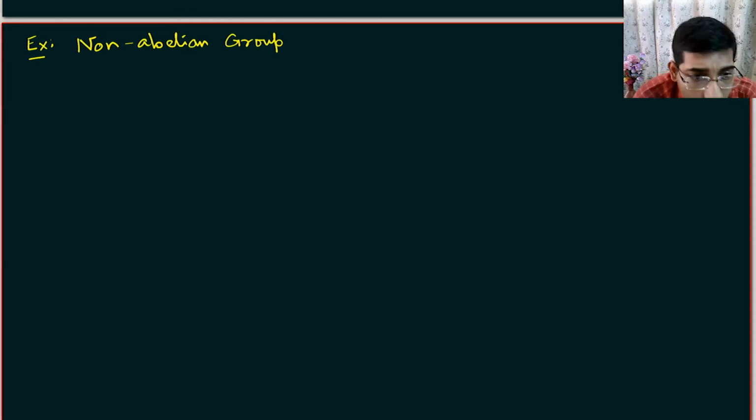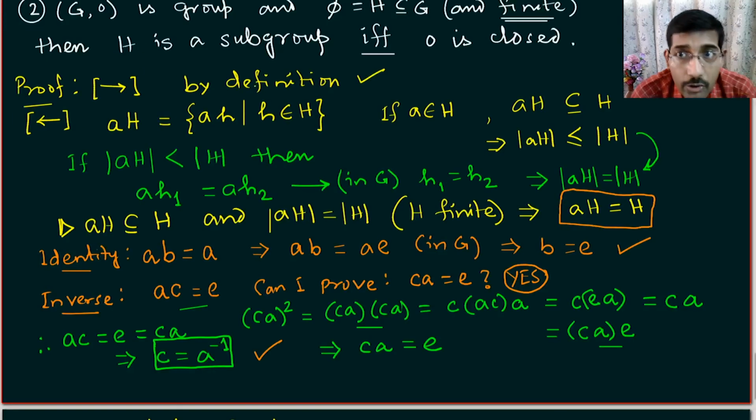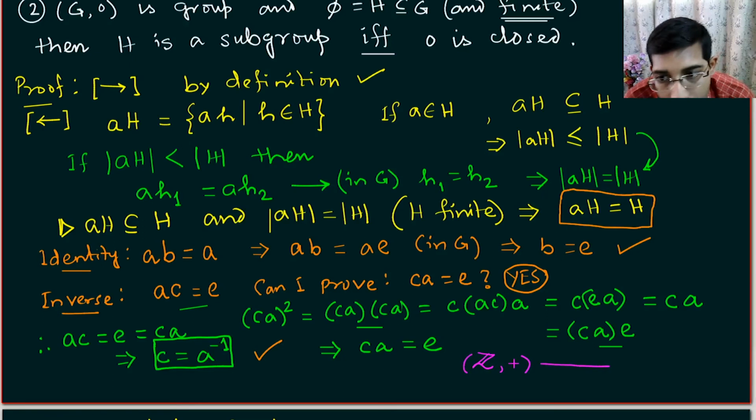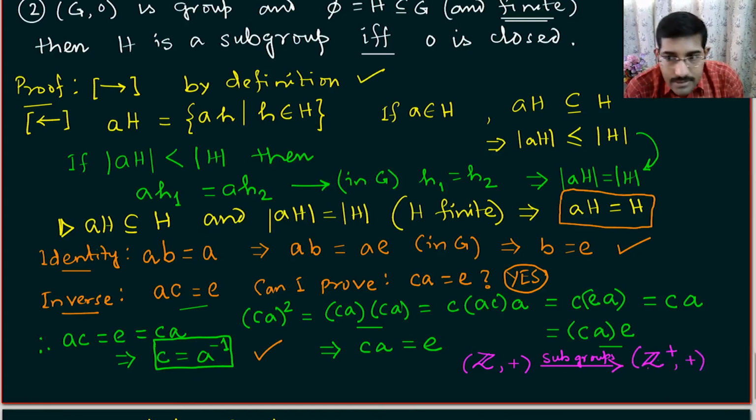By the way, one thing to complete this discussion that I forgot to mention is that if you eliminate the finiteness, you will land up, for example, let us see one example. The set Z with respect to plus forms a group, and these are subgroups of it. You can form Z plus with respect to plus. But this is not a group.